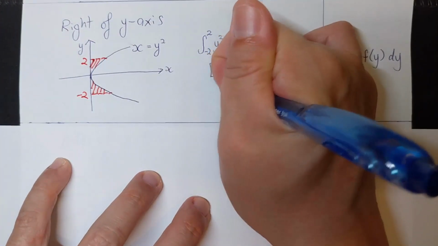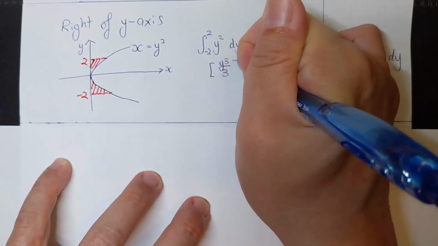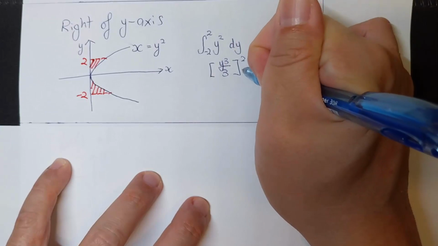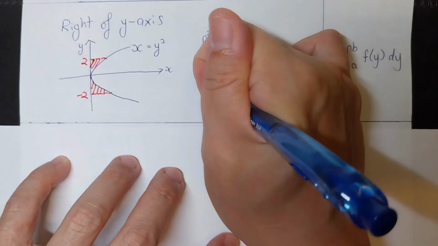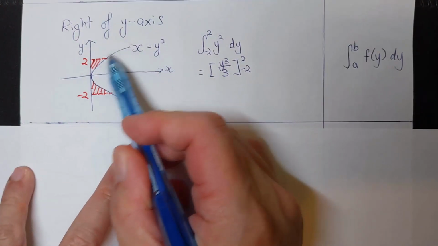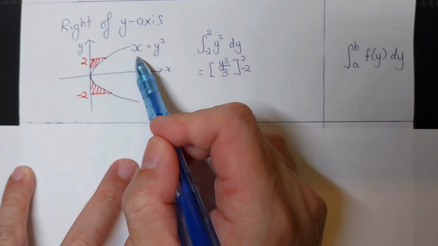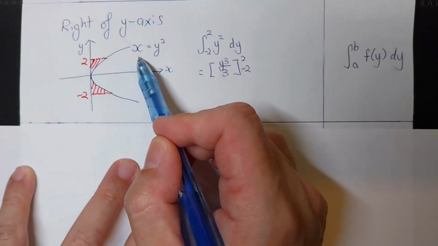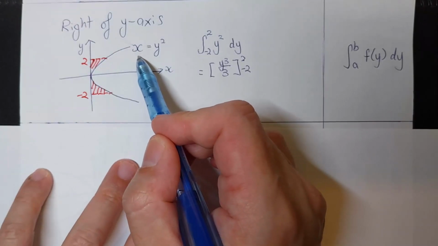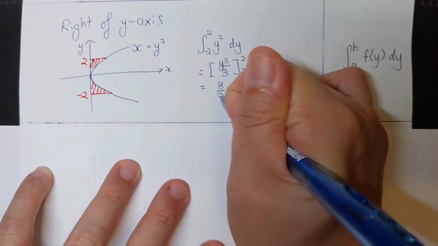We will add the power by 1 divided by the new power from 2 to negative 2. So if we are finding the area between the curve and the y-axis, you must make sure that the function has x as the subject. If we sub in the value of 2, we will have 8 over 3.